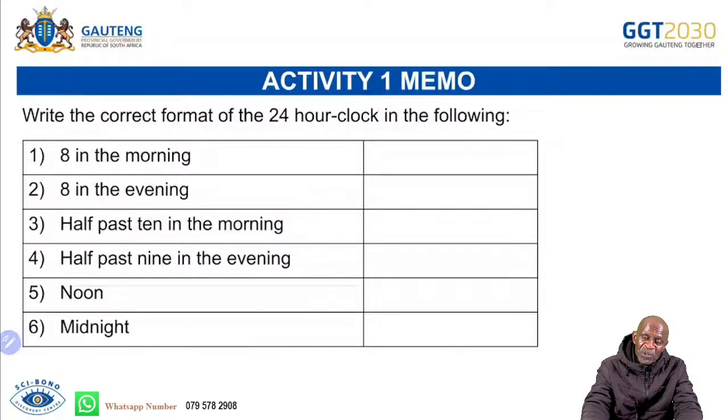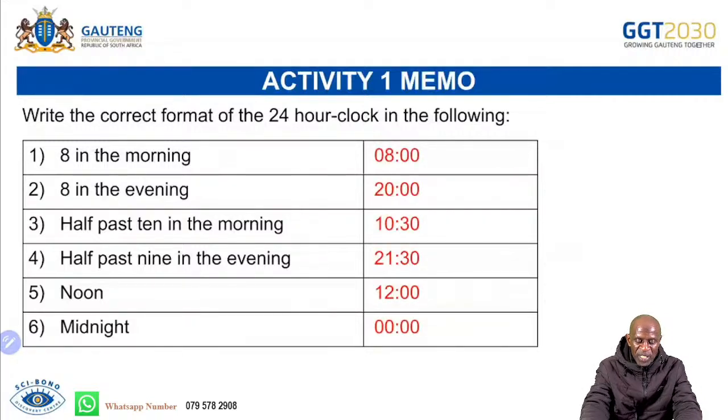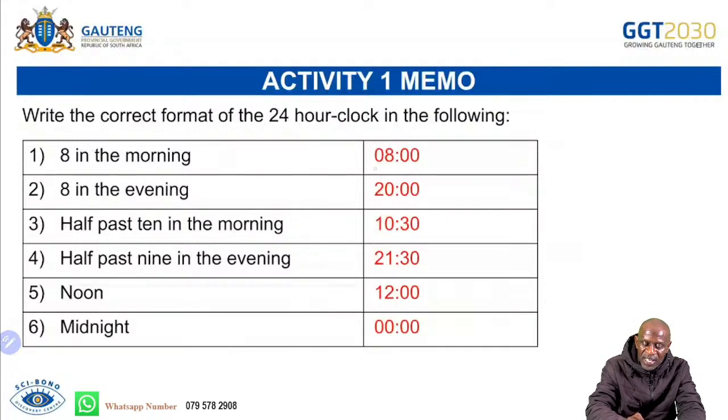Here is how you should correctly complete the times as per the question. 8 in the morning is 08:00. 8 in the evening is 20:00. 10:30 in the morning is 10:30. 9:30 in the evening is 21:30.